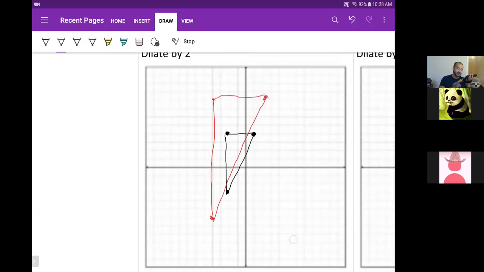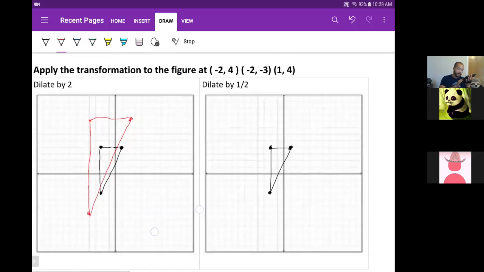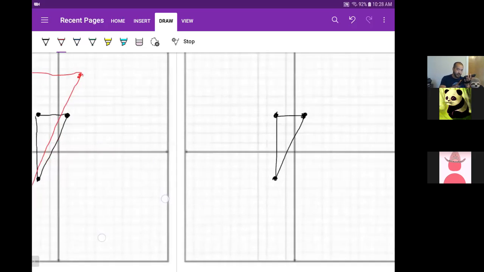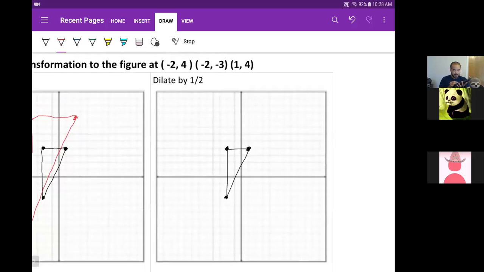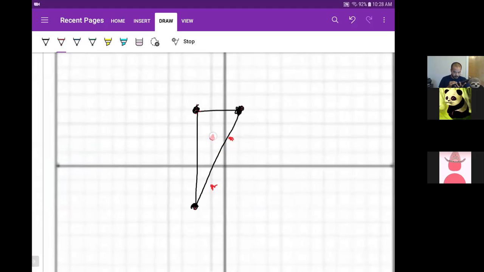Excuse the ugly lines. When you dilate by half, I have the points there. So you dilate this by half. This point here, you cut it in half, so it becomes -1 and 2. This point here, you cut in half, so it becomes half and 2. So here-ish. And then this one you cut in half, so it goes about here. So that is your new shape when you dilate by half.